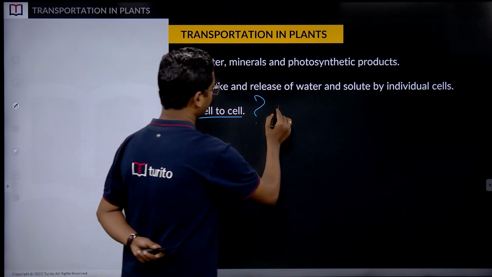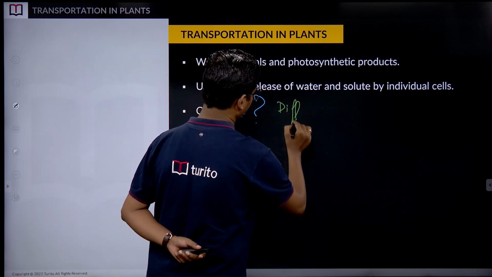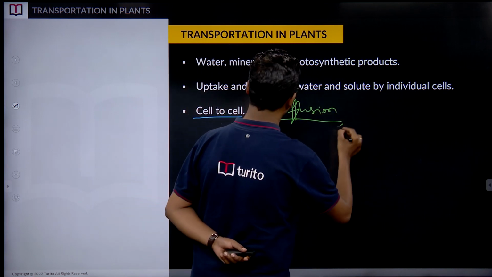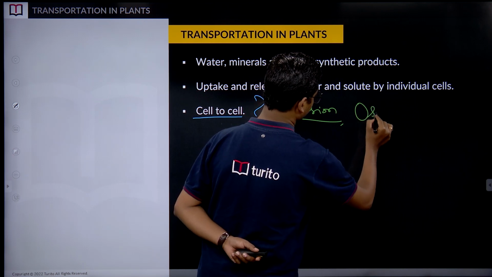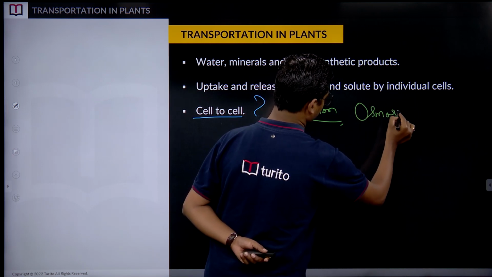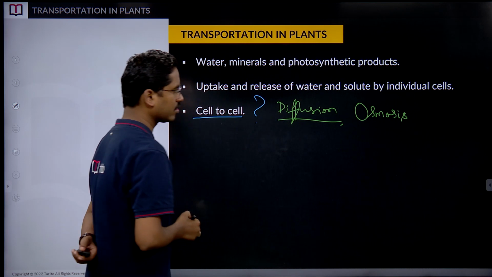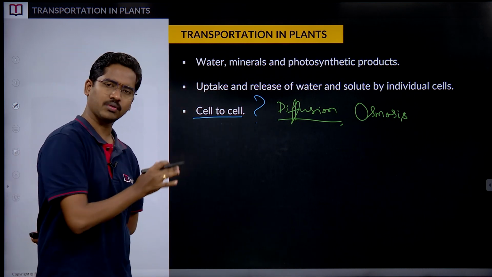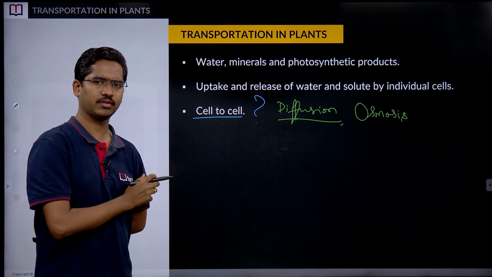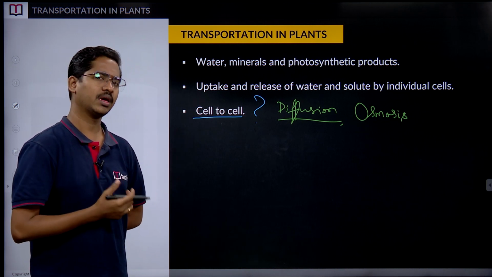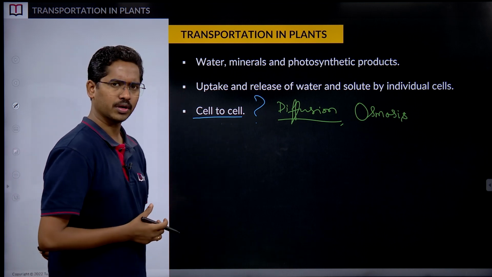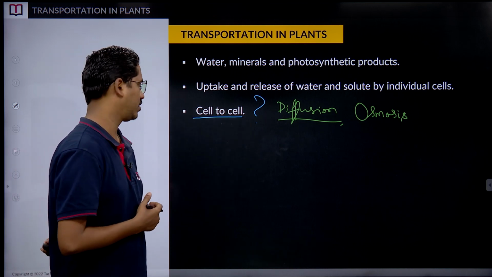Yeah, I see some of you saying diffusion, and some of you saying osmosis. Understood? Okay, so you have an awareness of that, because we did discuss this in previous sessions, even in class 9th. So, diffusion, osmosis, that is not at all wrong, that does happen.